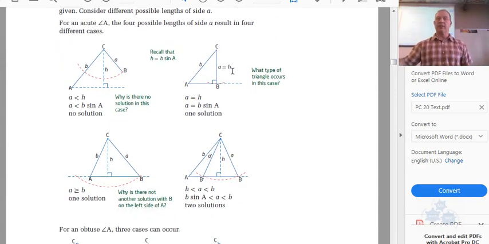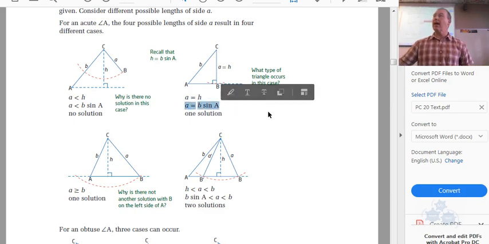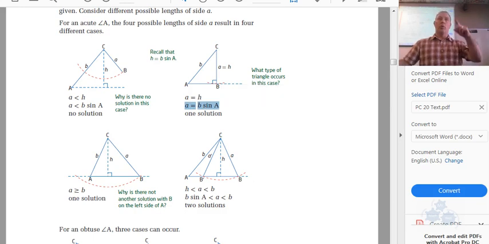So let me try and summarize this, okay? So this one here, if A is less than B times sine of angle A, then there's no triangle formed, no solution there. If A equals B sine A, then it forms 1 triangle, and that's a 90-degree triangle, a right triangle.